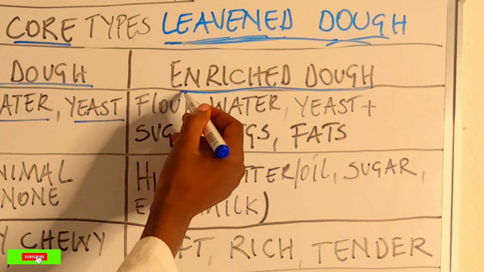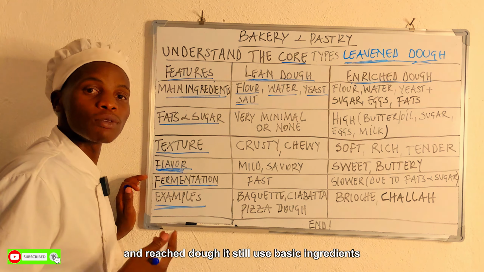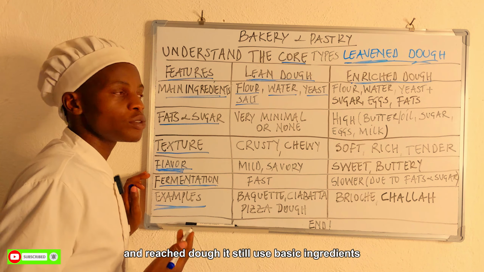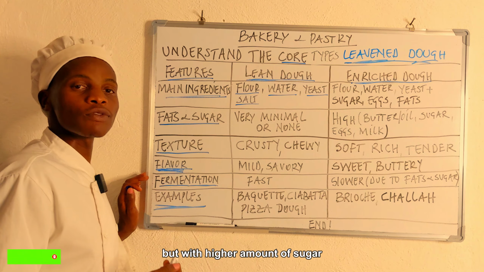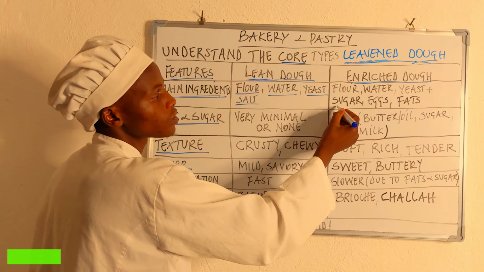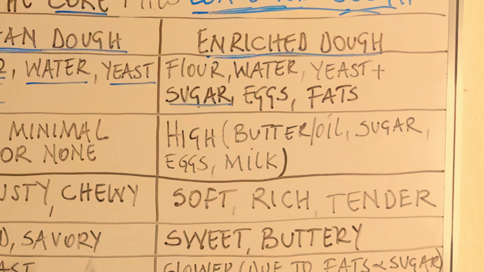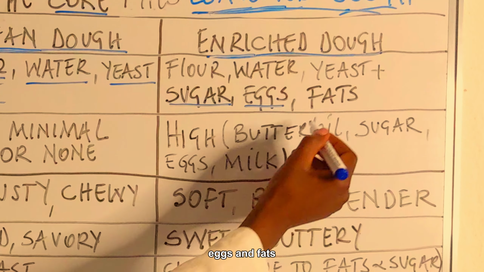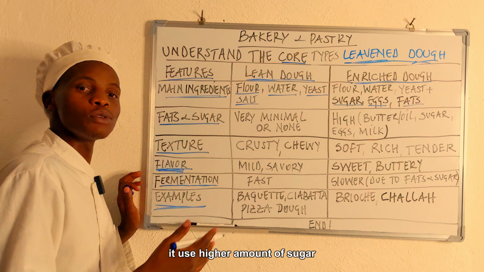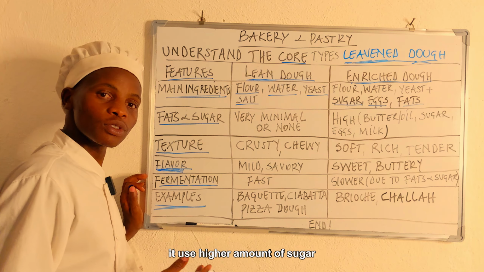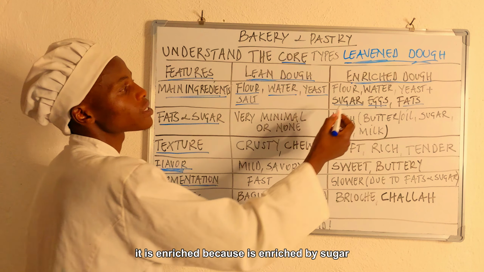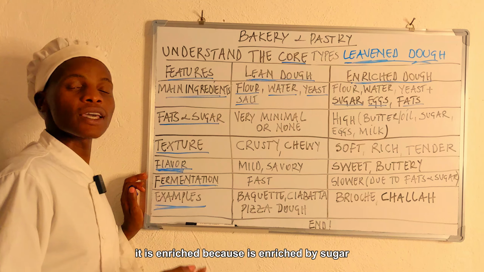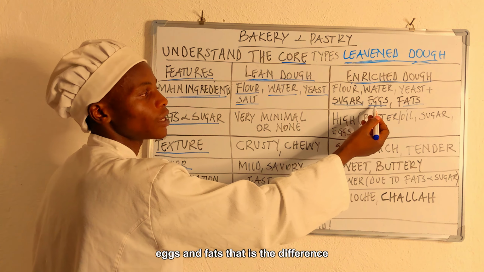Now, enriched dough still uses basic ingredients but with a higher amount of sugar, eggs, and fats. It is enriched because it's enriched by sugar, eggs, and fats.